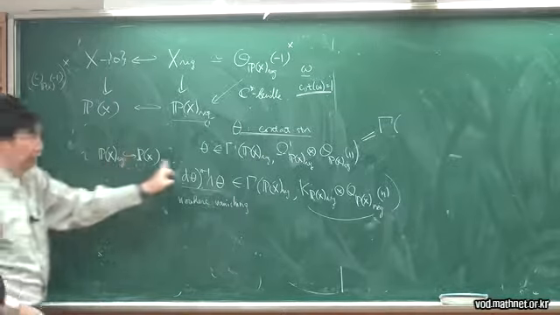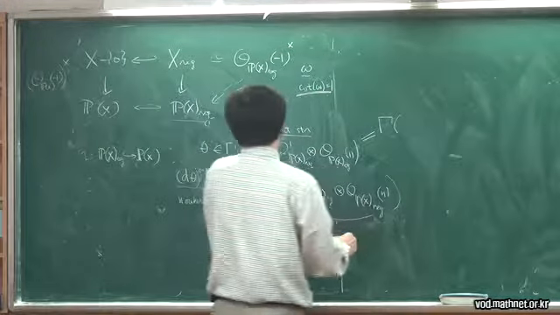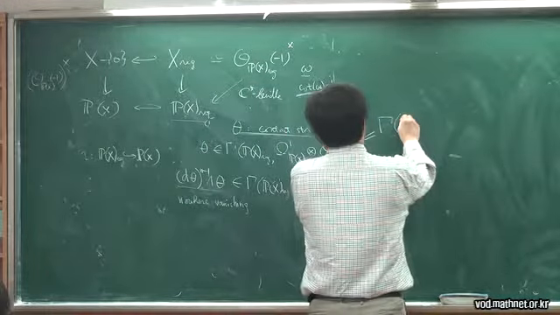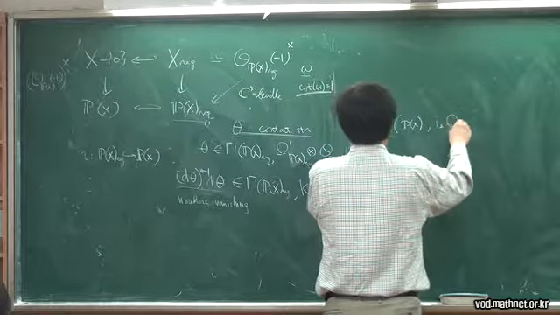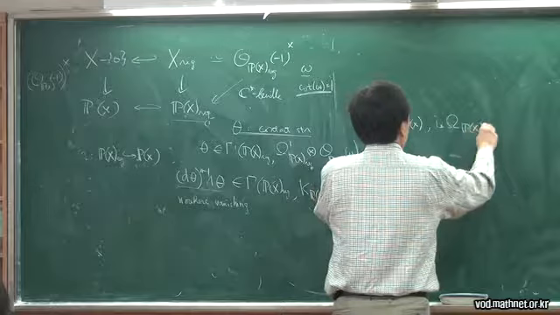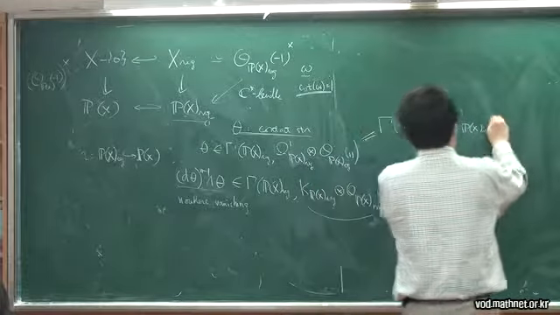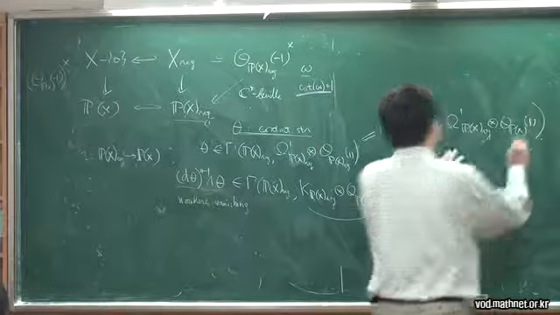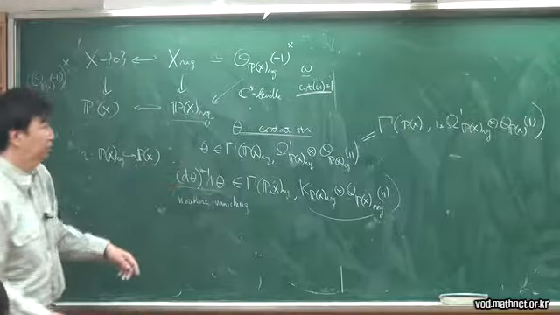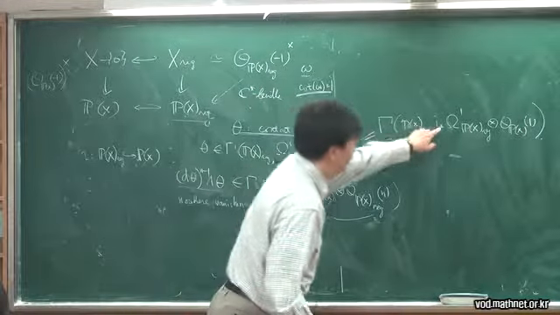This is the natural inclusion. Then, by definition, this is K plus O_PX(1). And the projection formula together with the definition of i star.